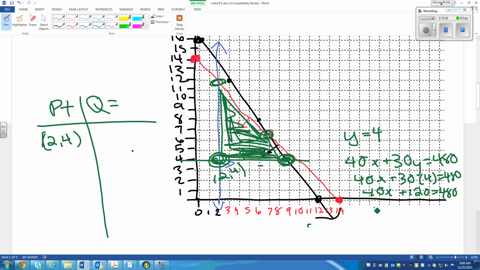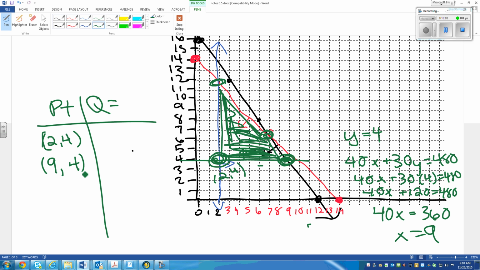Subtract the 120, we get 40x is equal to 360. We divide by 40, the zeros cancel, we get 36 divided by 4, which is 9, which is exactly what Morgan told us, but now we have proof that it's 9 mathematically, not just by my fancy ruler drawing, right? So now I have a point that is 9, comma 4, right?